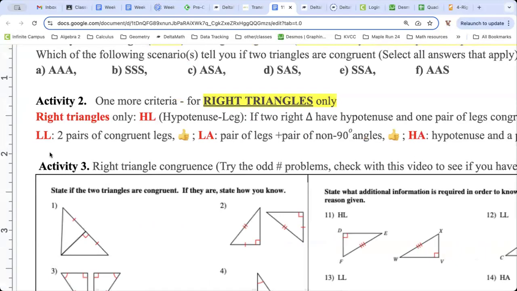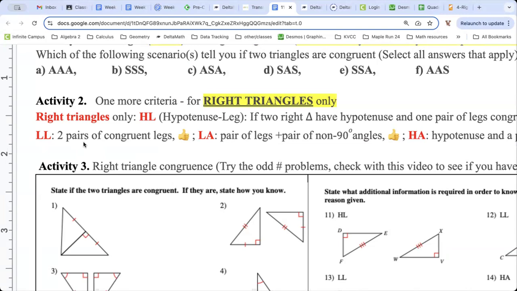There are two more. It starts with legs, LL, just like HL. Instead of HA, you have LA. So you have two pairs of congruent legs. We're not talking about the hypotenuse. If the two pairs of legs, the sides that come out at the 90-degree angle, are congruent, it works.